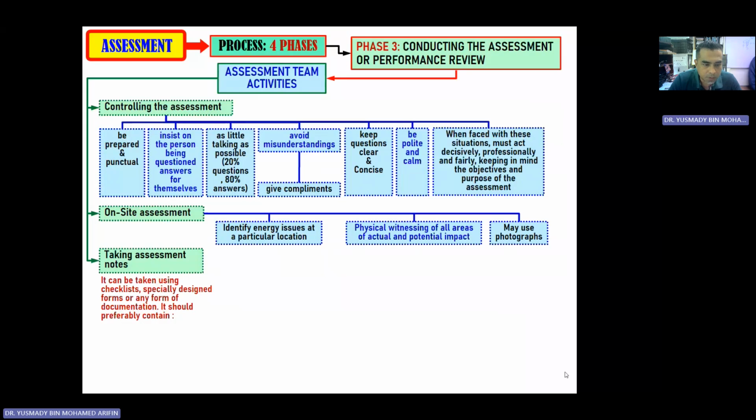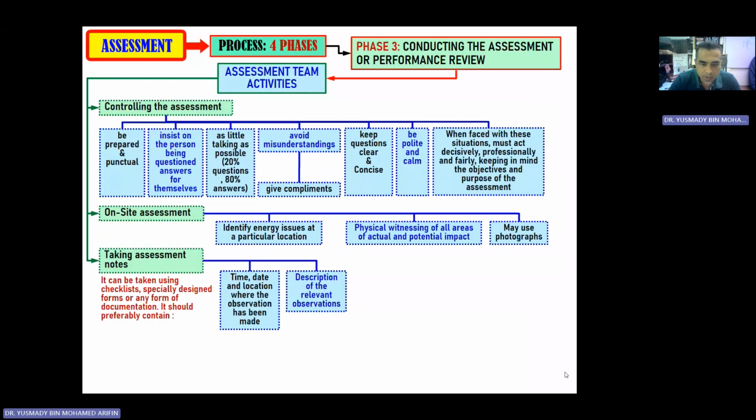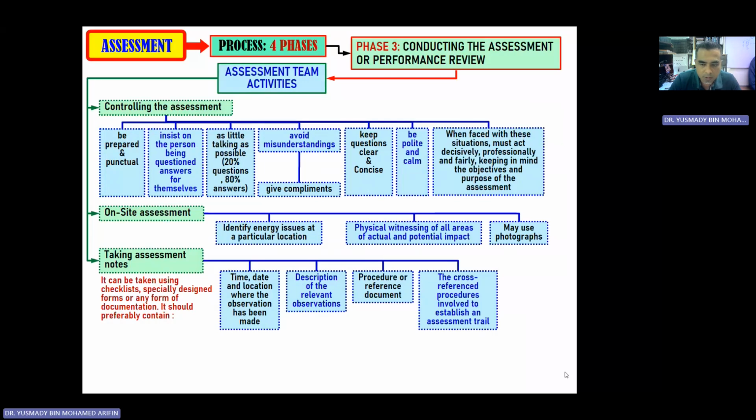It should preferably contain time, date, and location where the observation has been made, description of the relevant observation, procedure or reference document, the cross-reference procedure involved to establish an assessment trail, and reading of any instrument.